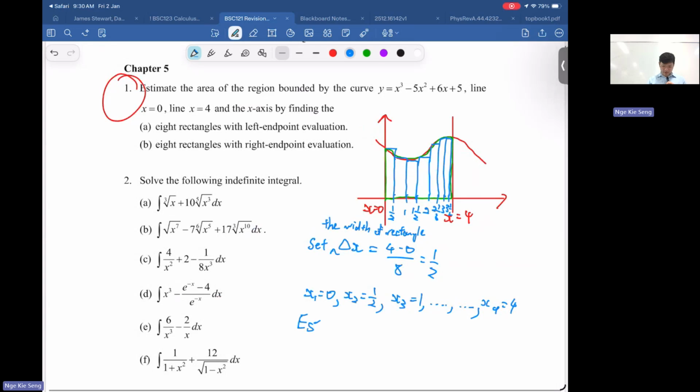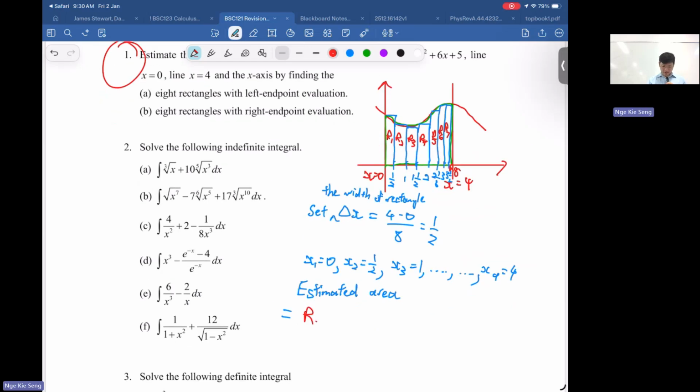So you have this estimated area to be equal to... so how many rectangles do you have? Let's label them R1, R2, R3, up to R6, R7, and R8. So you have 8 rectangles to add up.